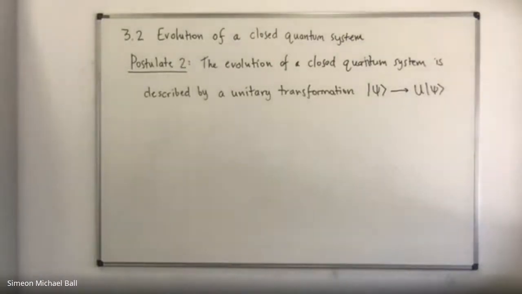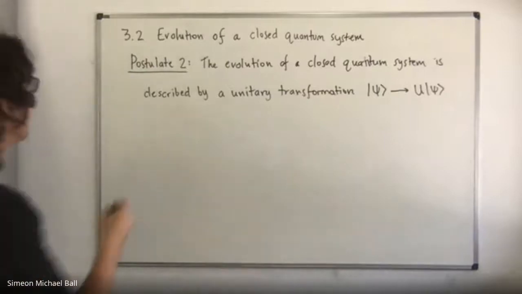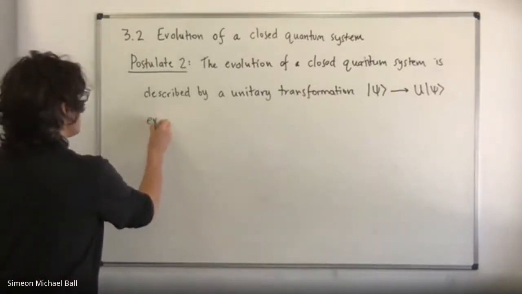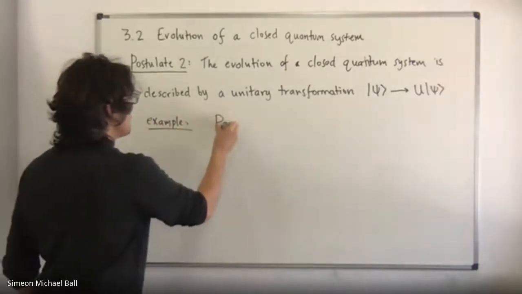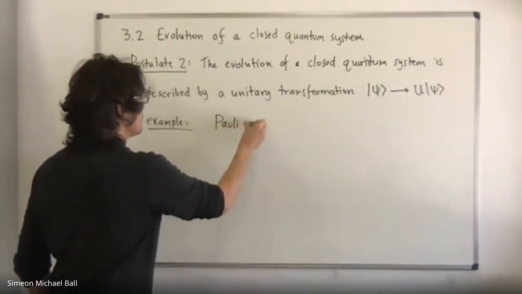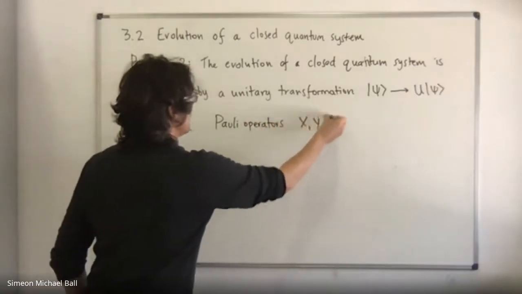And we've already seen many examples of unitary transformations. Examples, very important ones for us will be the Pauli operators X, Y, Z.